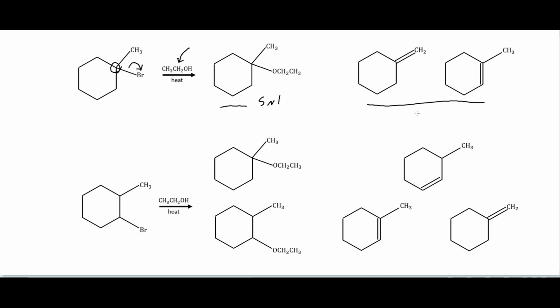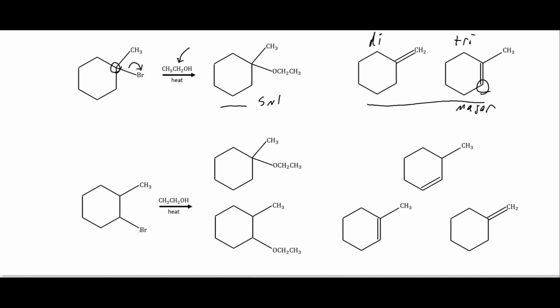But we can get these two elimination products here, where we see this one up here is the di-substituted one, and this one is the tri-substituted one. And so this one right here is going to be the major elimination product, because we're going to pull the hydrogen off of this carbon right here in order to make the tri-substituted elimination product.